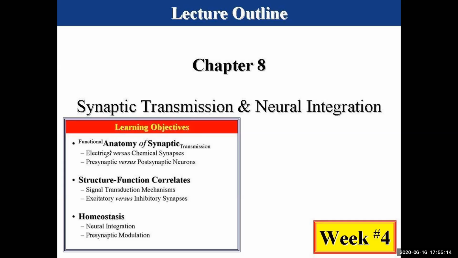Before the synapse is the presynaptic neuron. After the synapse is the postsynaptic neuron. So when we say synaptic transmission, we are talking about that. Synaptic transmission involves presynaptic and postsynaptic neurons, at least two neurons.